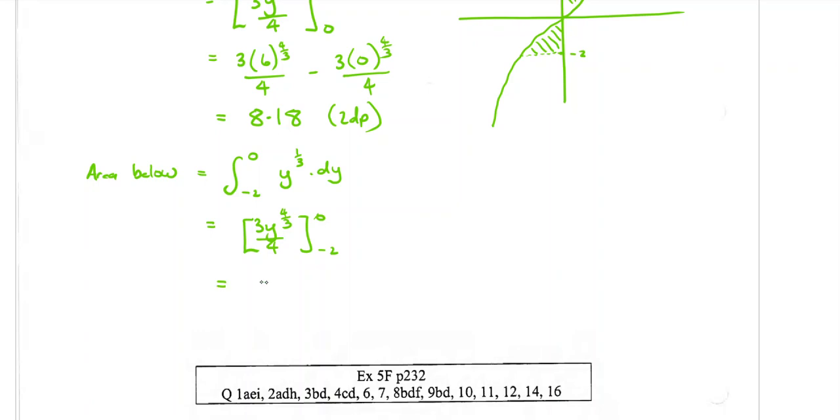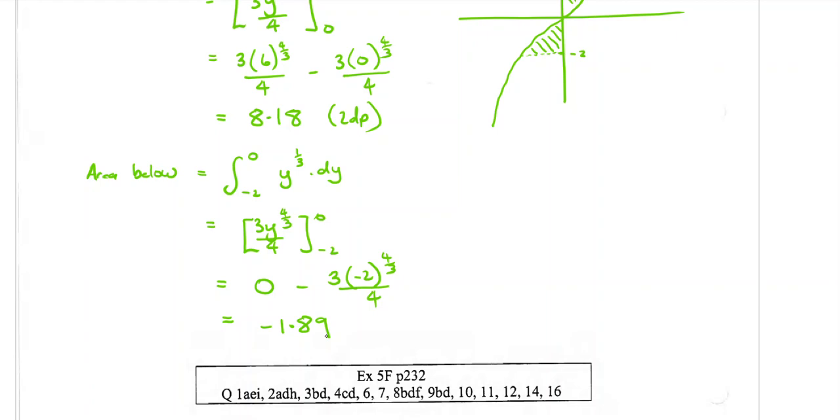And subbing in 0, we will get 0. Subbing in -2, we get minus from my integral, then 3 minus 2 to the power of 4 over 3 over 4, which is -1.89 to 2 decimal places.